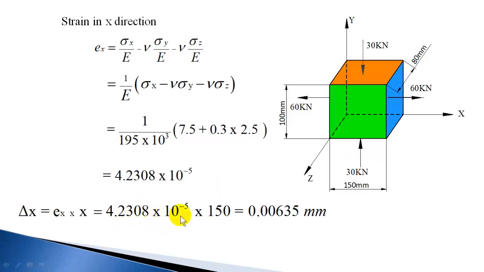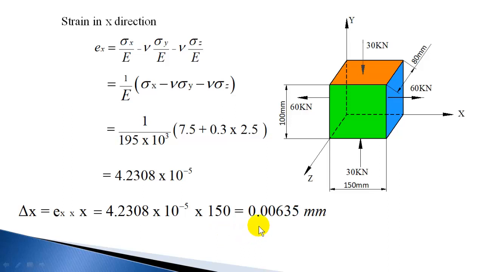Whatever unit you take, if you take that length unit as mm, in unit length 4.2308 into 10 raised to minus 5 mm will be the increase.